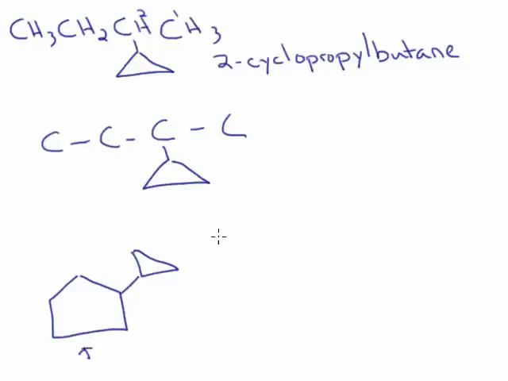We would always say that that was number one. Wherever that is, that's number one carbon. So we would say cyclopropyl, though if you said one cyclopropyl, it would not be incorrect. It just isn't necessary. Cyclopropyl, cyclopentane.